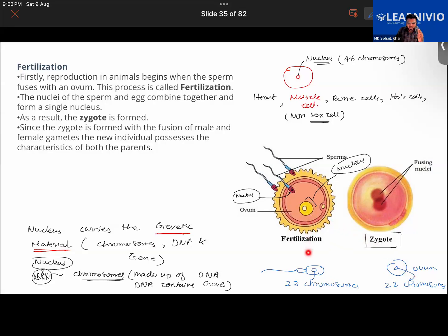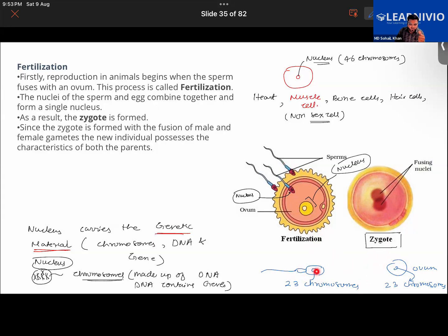So can we say that half the information, half of the characteristics is coming from the male parent, that is from the sperm? I will come to that point. So I'm saying that 23 chromosomes are from the sperm and 23 chromosomes are from the ovum, right?